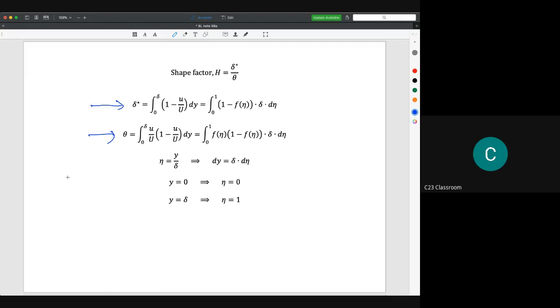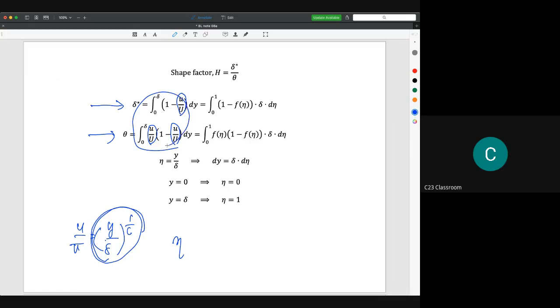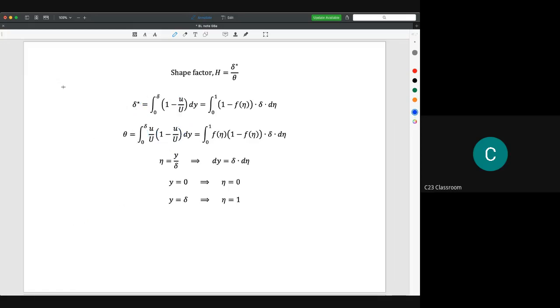If you use u over U equal to y over delta with power 1 over 6, you could replace this value into this term, then you could get the value of delta star and also theta. But if you want to use the symbol of eta, you need to change this equation. So the changes should become like this.